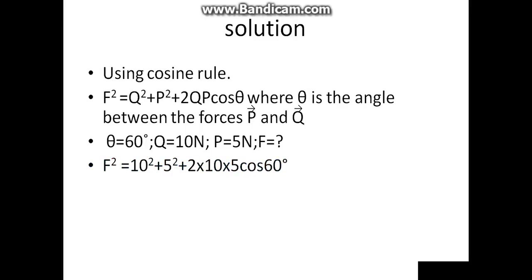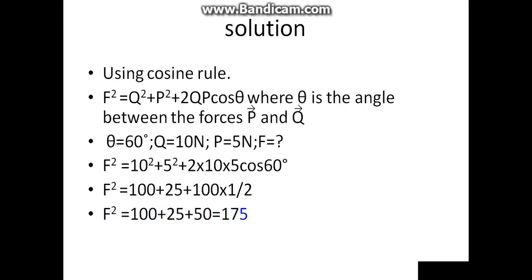Substituting the values, F squared is equal to 10 squared plus 5 squared plus 2 times 10 times 5 cos 60. F squared is equal to 100 plus 25 plus 100 times 1 over 2, which is 100 plus 25 plus 50, equal to 175. F is equal to the square root of 175, which gives us 13.23 Newton.